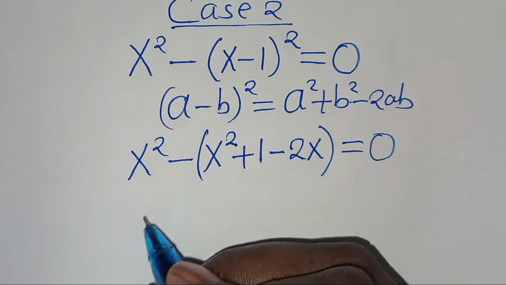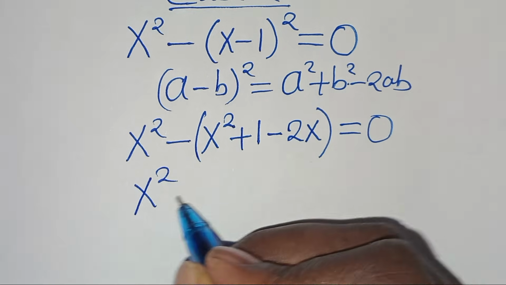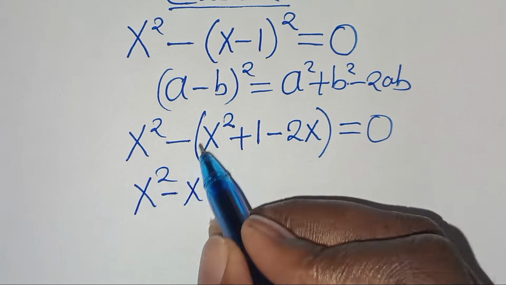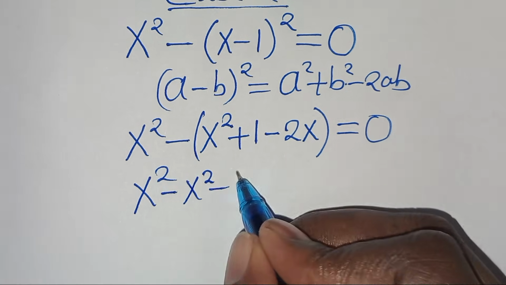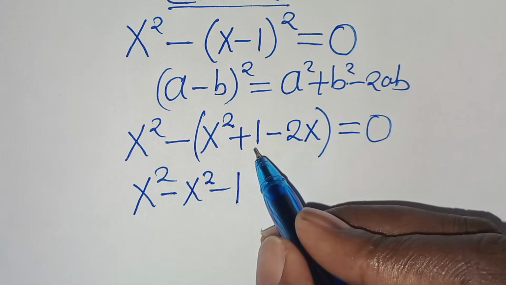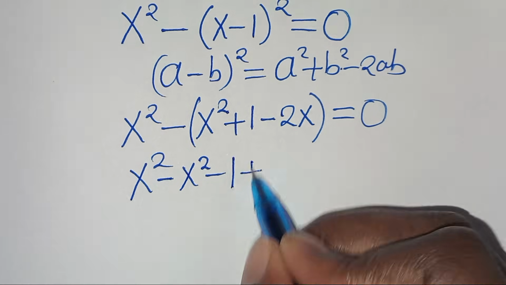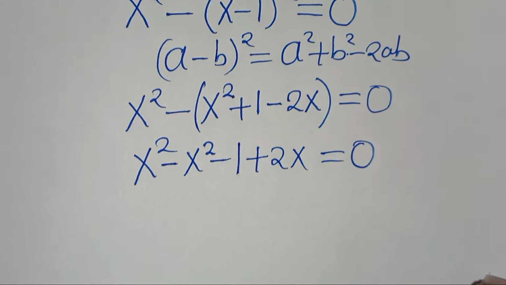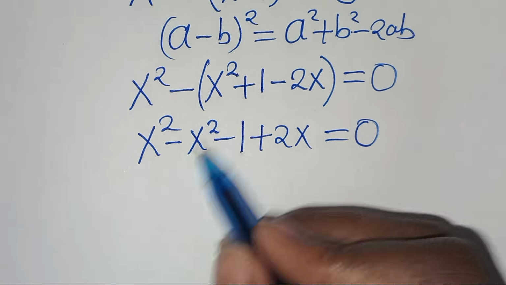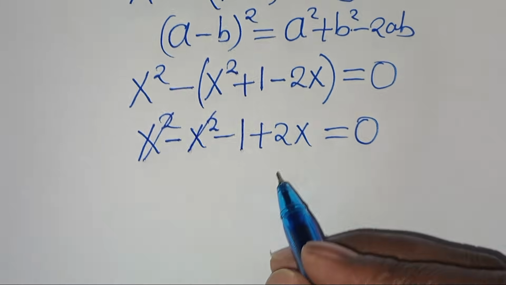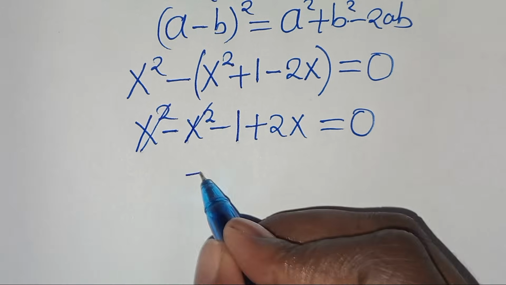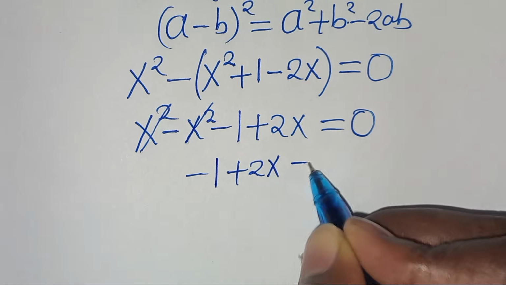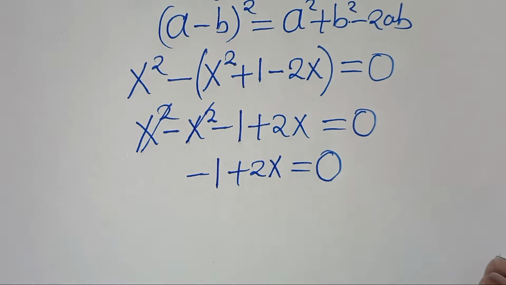Now, this means we have x squared minus x squared, minus times plus 1, this is minus 1, minus times minus 2x, this is plus 2x, this is equal to 0. x squared minus x squared simplifies so that we have minus 1 plus 2x equal to 0.